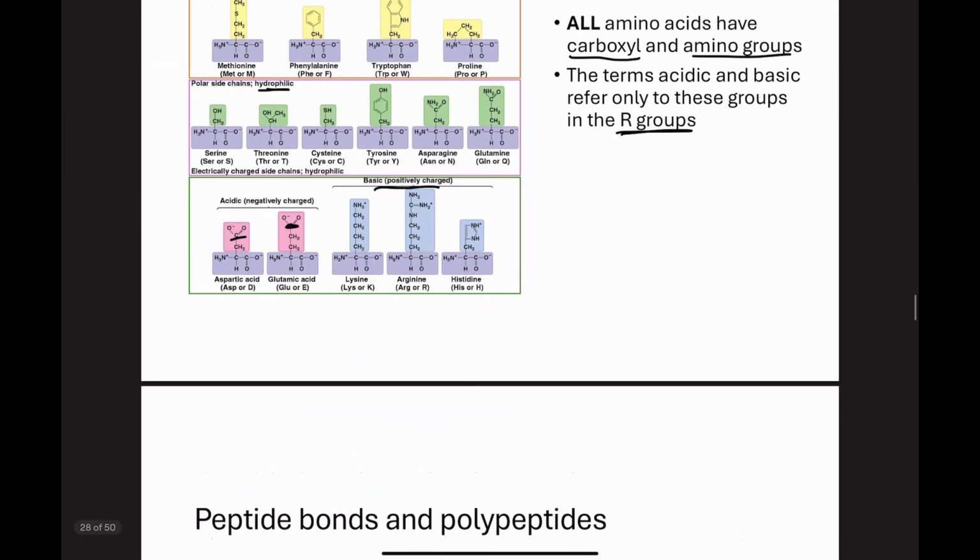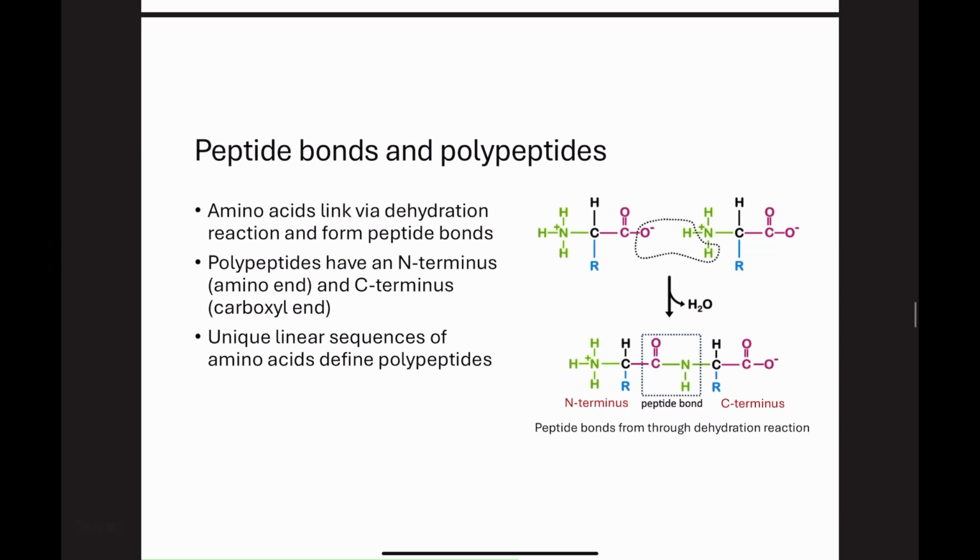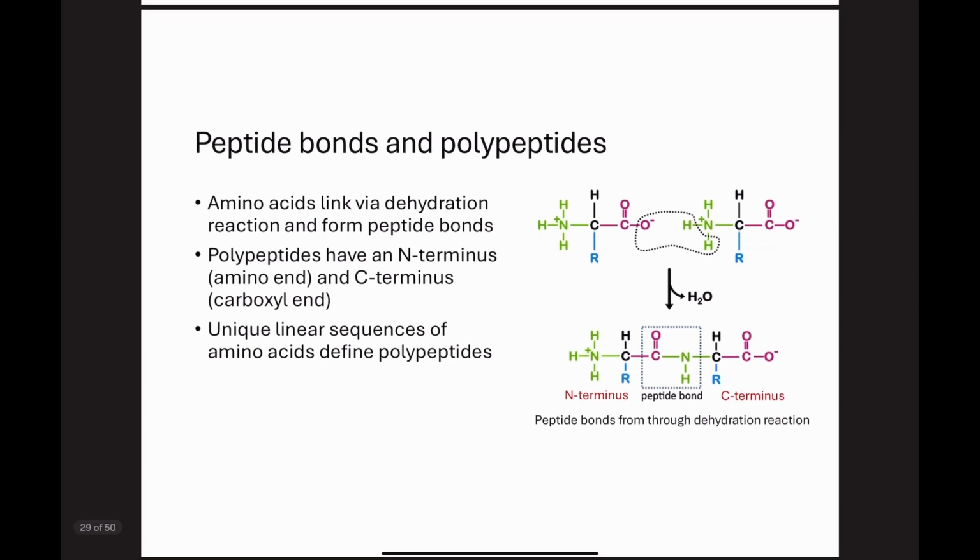So going into more detail of our peptide bonds and our polypeptides, we have already talked about amino acids being joined together, and it is joined through something called a peptide bond. And these peptide bonds result from a dehydration reaction.